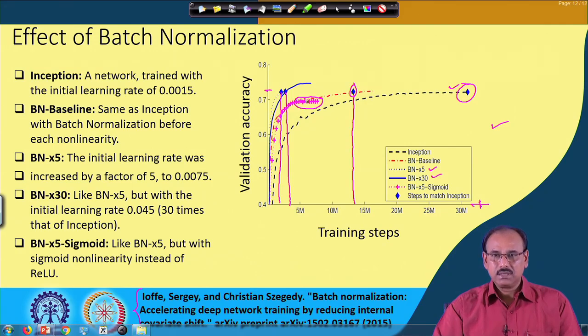You learn faster as the covariate shift is minimized, and also the different layers of the neural network are trained independently. I mean, they become almost independent of the training of other layers.